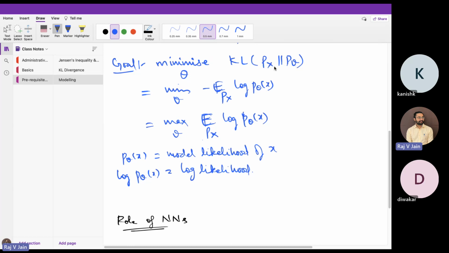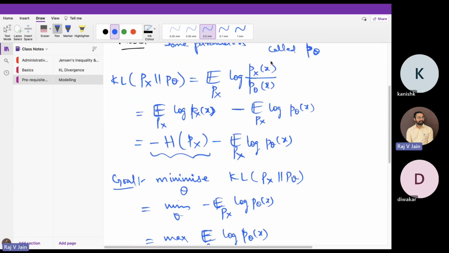Thus, if I make increasing this quantity my goal, my model will become as close to Px as possible. This is the idea for generative modeling mainly, right?